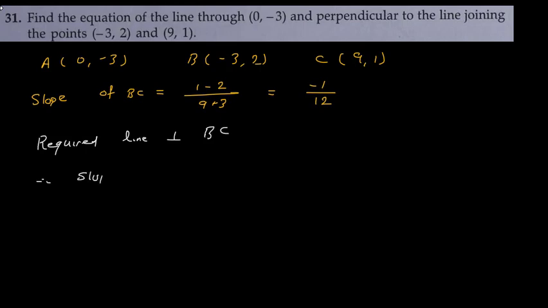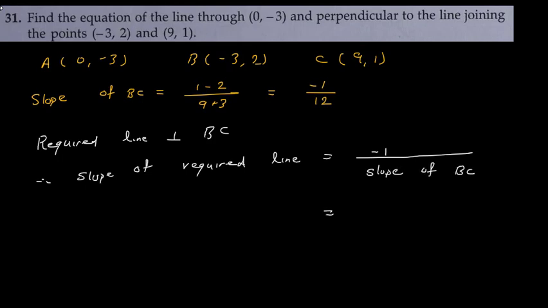Therefore slope of required line is equal to -1 divided by slope of BC. So I will reciprocate this, I will get 12.